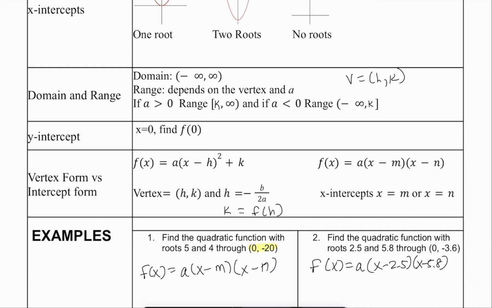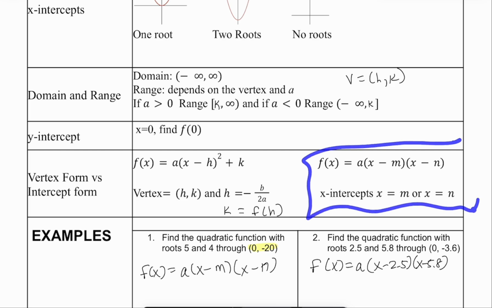Now let's talk about vertex form versus intercept form. In vertex form, you clearly see what the vertex is. You can find that by completing the square, or finding your h, plugging h into the function to find your k, and using that original a. So that's a very helpful form.